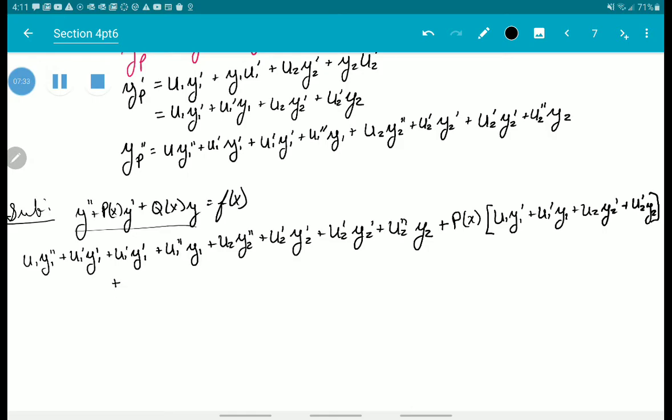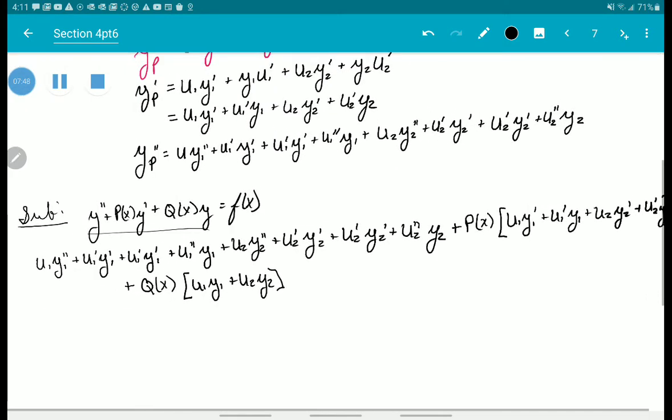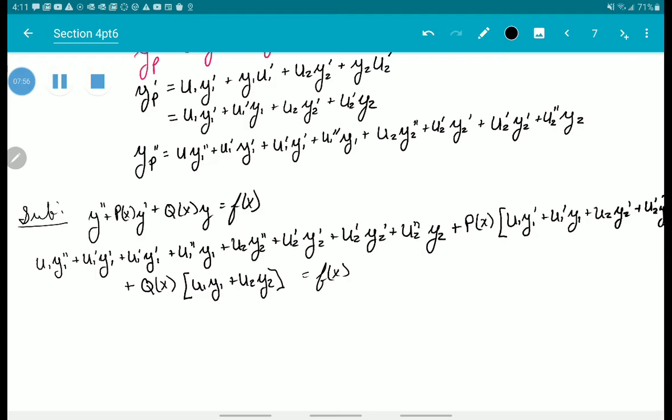And then we have plus q of x times y. And our y was u1 y1 plus u2 y2. And we're saying this is going to be equal to f of x. So I'm just going to work with this side right now, because eventually this is going to be equal to f of x. So I've just substituted in there.